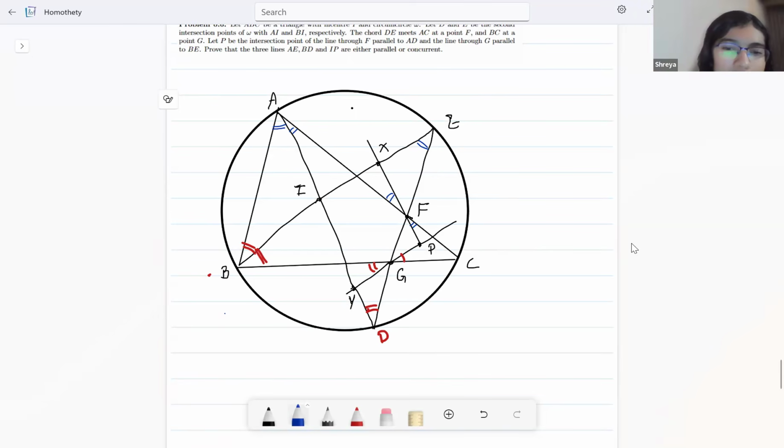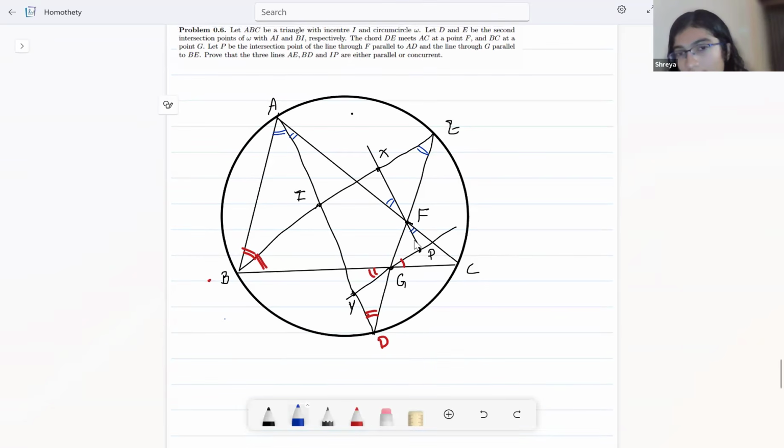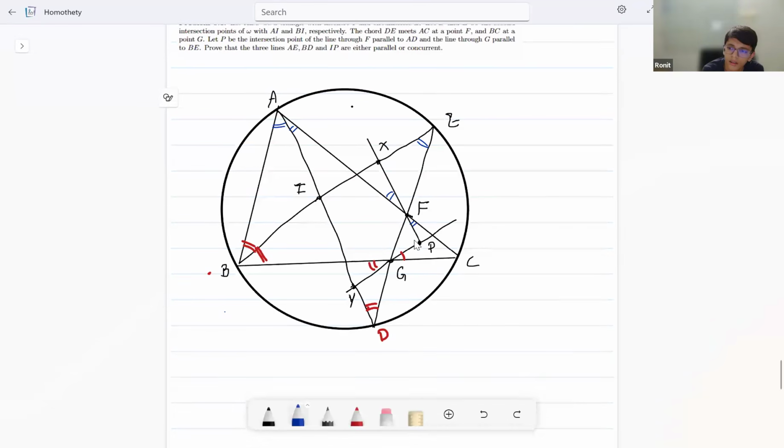We can choose this angle. I don't know of a solution using this, but we can do it. This angle is probably equal to 90 plus C by 2.